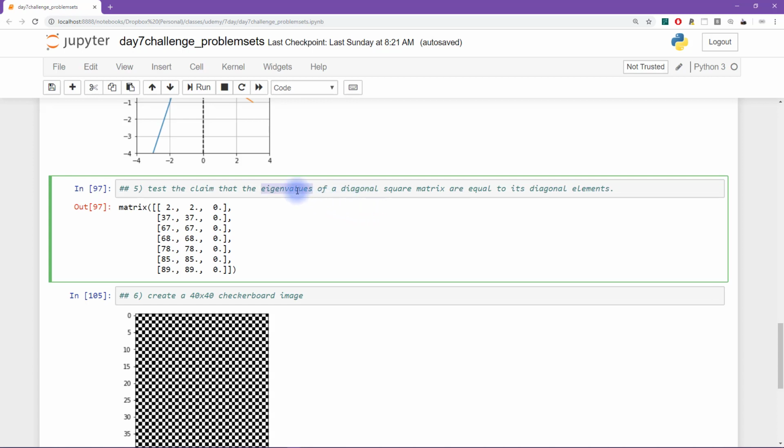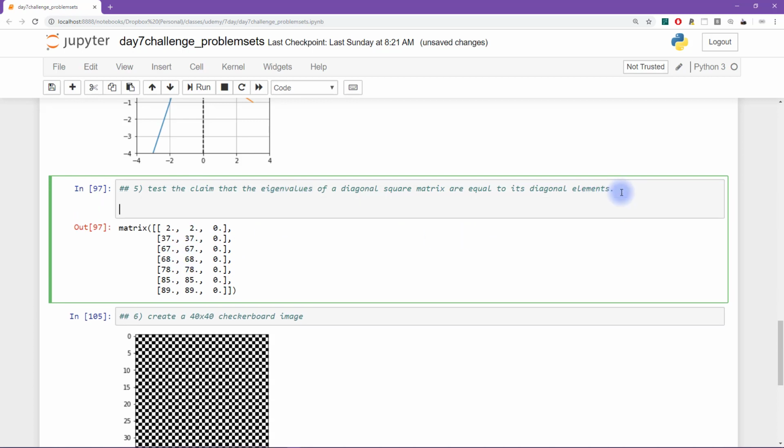Then we want to compute its eigenvalues and show that the eigenvalues are the same as the diagonal elements. And what you see here, what I've drawn here, is the diagonal elements and the eigenvalues and then the difference. So basically the first column minus the second column, and of course that is all zeros because these two are the same. All right, so let's begin.